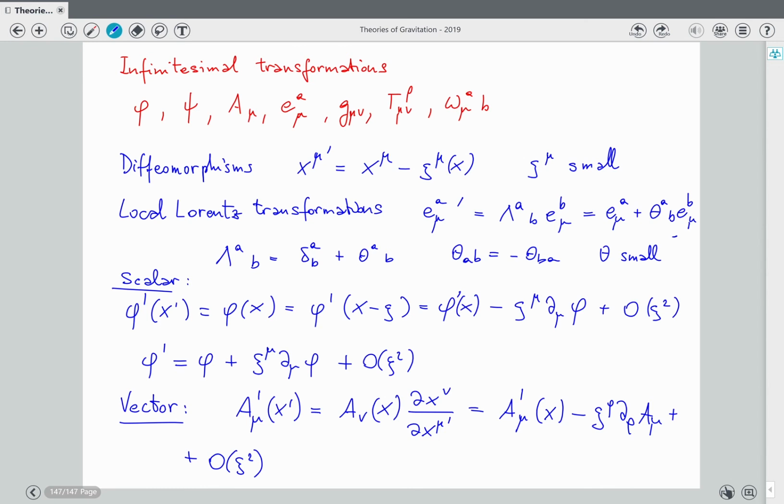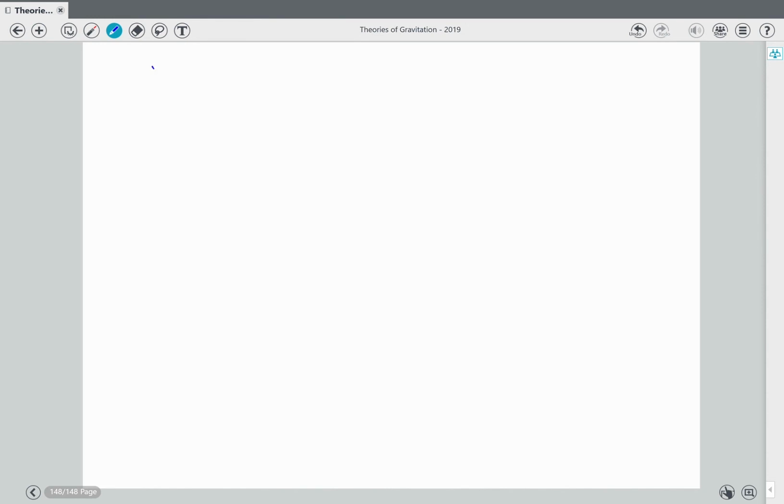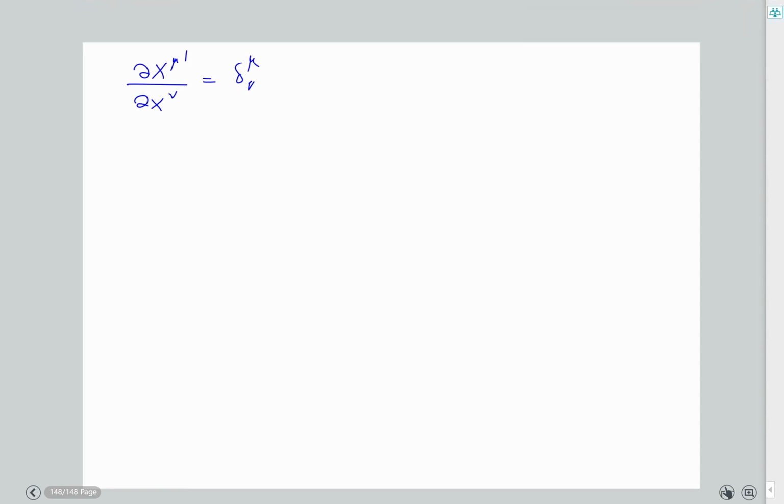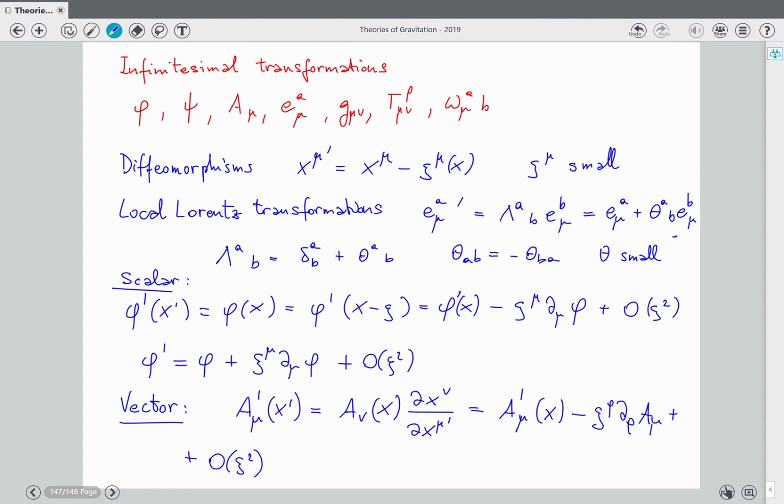Okay, so let's compute that object. First we take the partial derivative of x mu prime with respect to x. That's easy because it is equal to what? The partial derivative of x mu prime with respect to x nu will be equal to delta, first term.